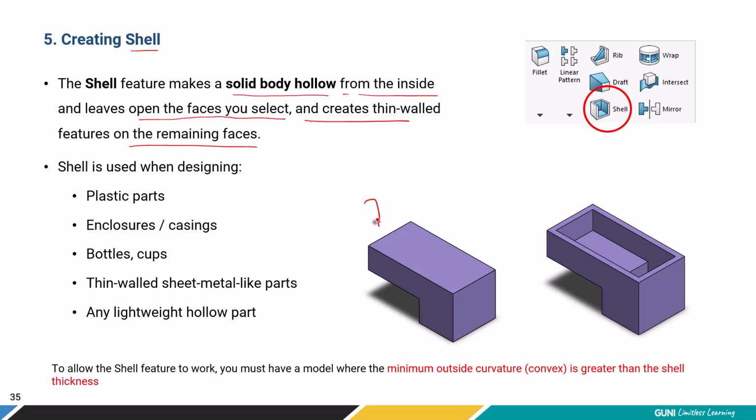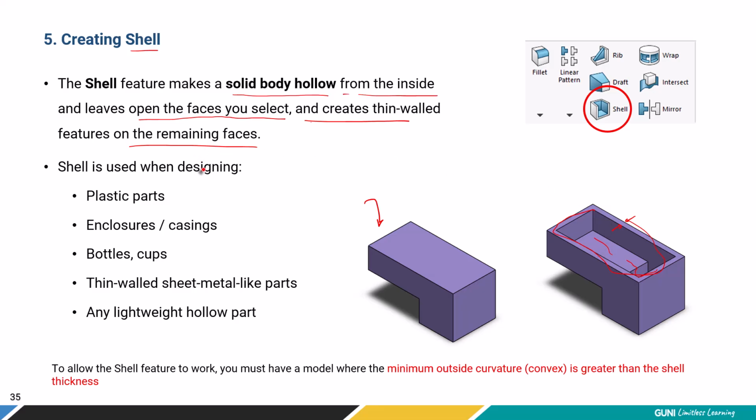So look at this image, I have a solid part. I have applied the shell feature, so it hollowed out from inside by leaving uniform thickness on each surface. If I do not open a surface, the entire part remains hollow, but it is closed from the outer surfaces.